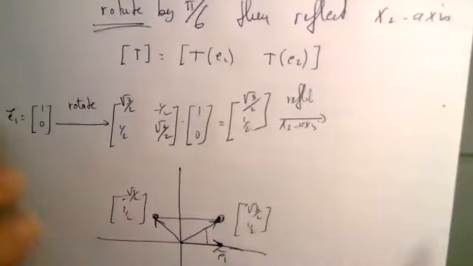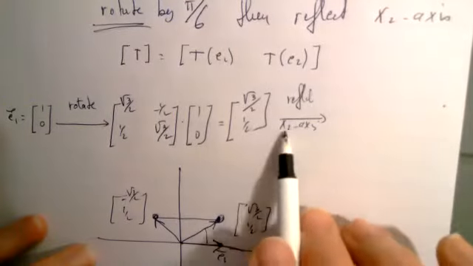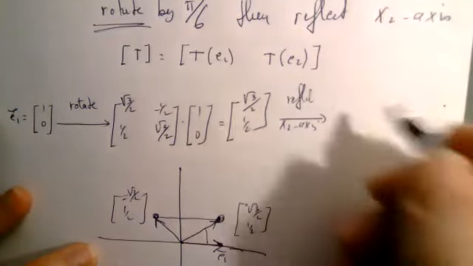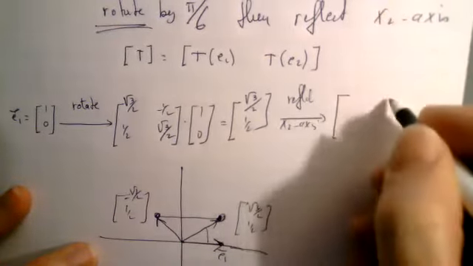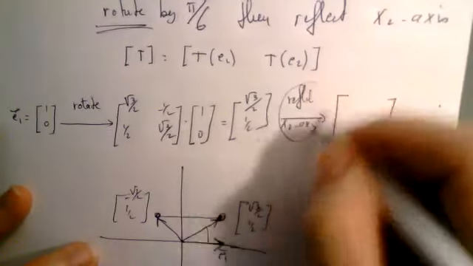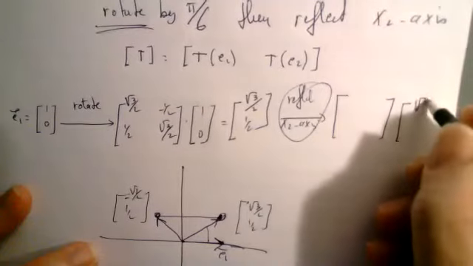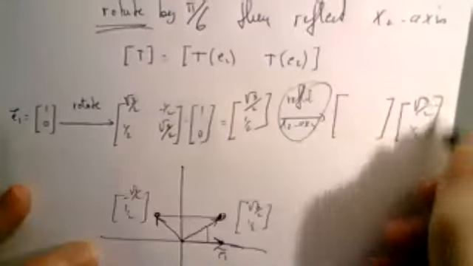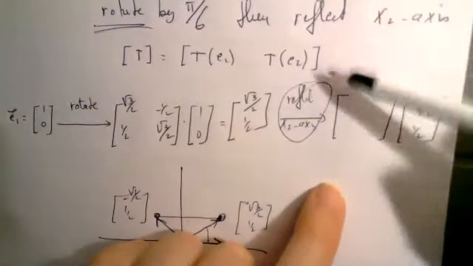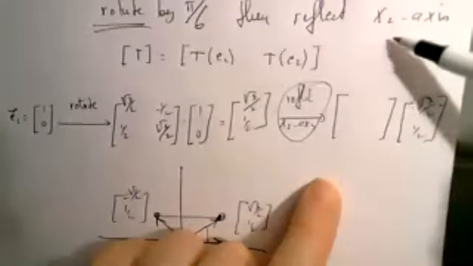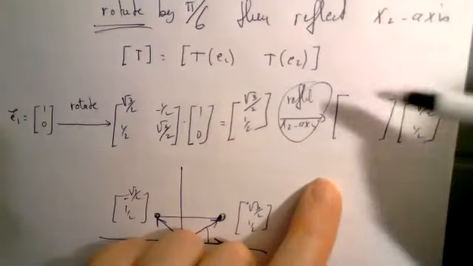Now, let us say we do a transformation a bit harder than reflection across the x2 axis, and you want to know where it goes. What you do is you take the matrix that gives you the reflection and you multiply it by the vector. Which matrix am I talking about? What's the standard matrix of the reflection across the x2 axis?